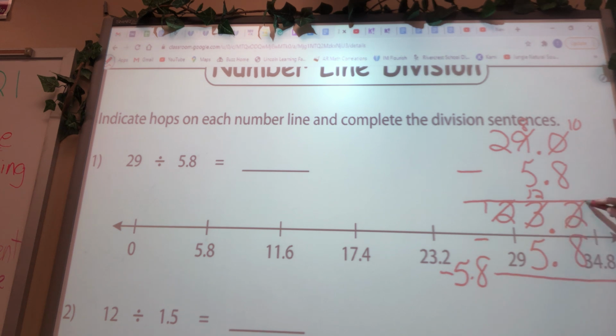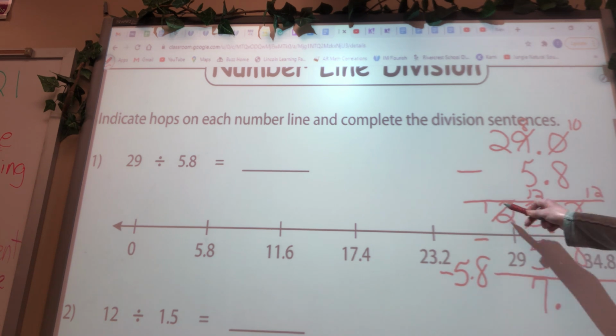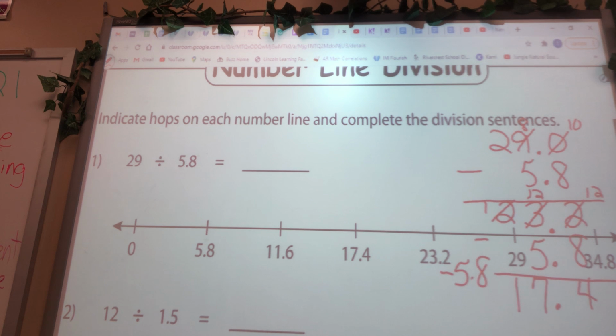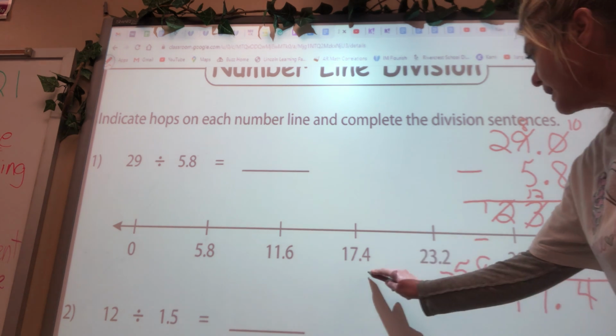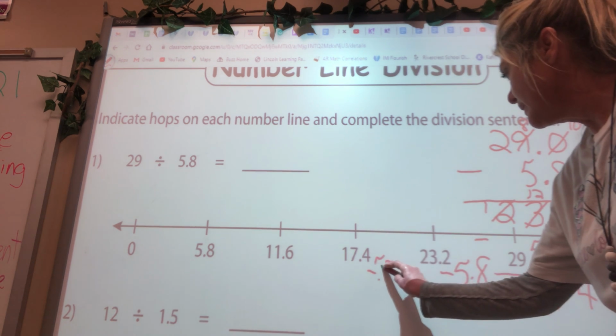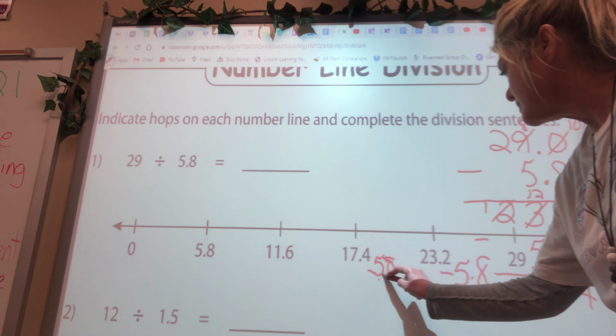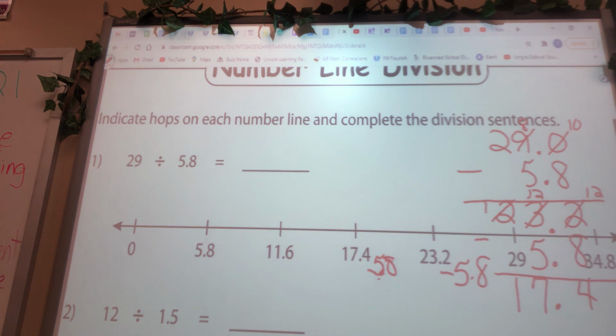And then the 2 would become a 12 because he got the whole multiple of 10. And then we subtract. 12 minus 8 is 4. Drop the decimal. 12 minus 5 is 7. And 1 minus nothing is 1. So again, we got what they got.